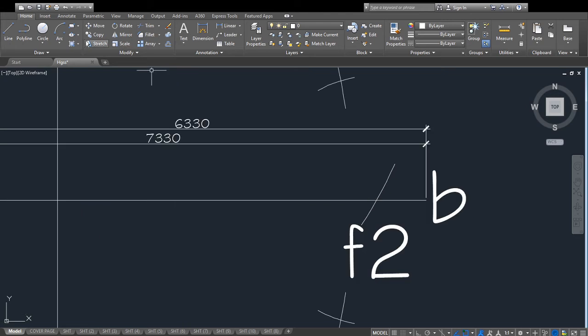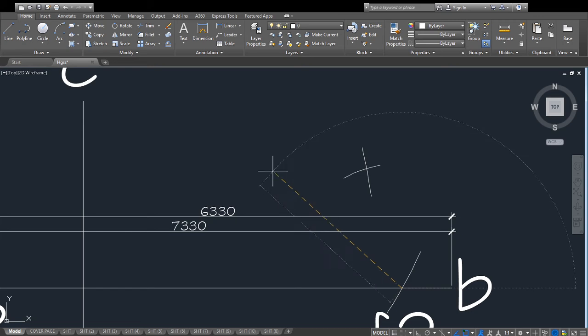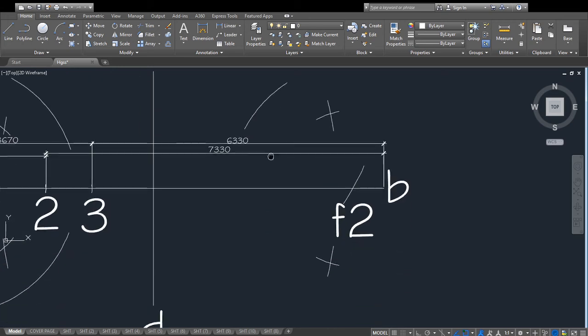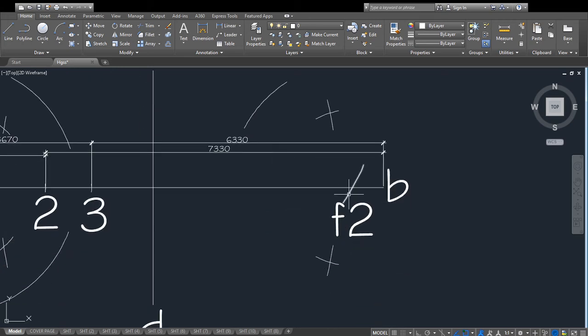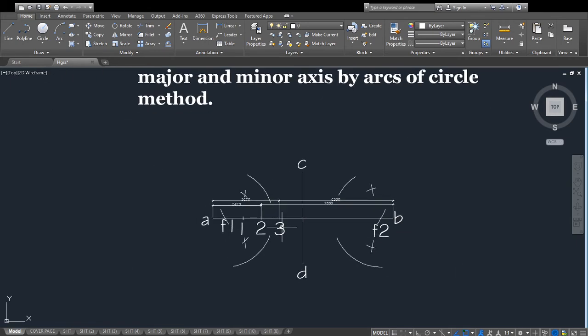We come to F2, pick our arc, with the radius of 2670. We make our arc. Pick our arc again, with the radius of 2670. We make our arc again.